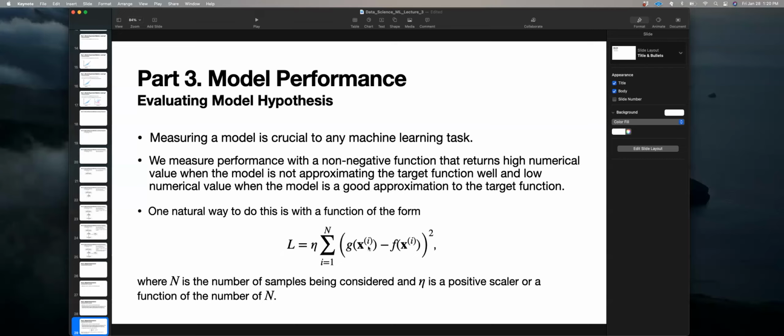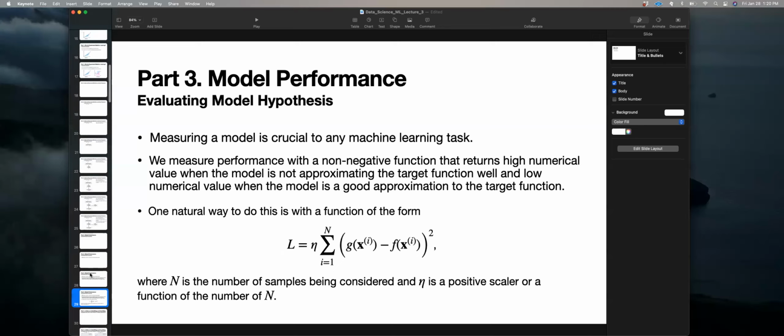If g is a bad approximation to f, and these aren't equal in here, then the square term is going to make it positive, and we're summing over all the samples in the training data, so it's going to be high. So our goal in general is to have a low loss function. Sometimes instead of loss, it's called a cost function. But in both cases, it really is just a way of understanding model performance.